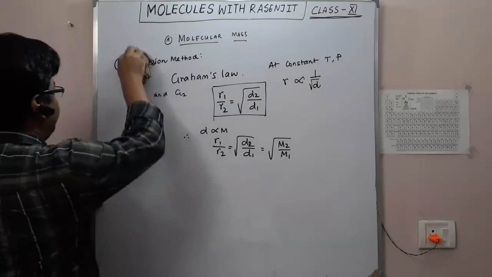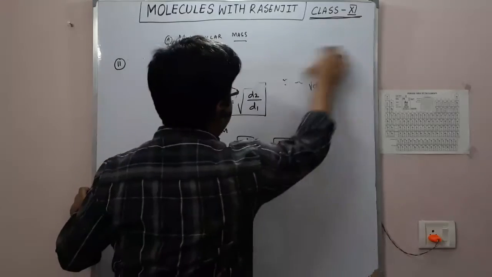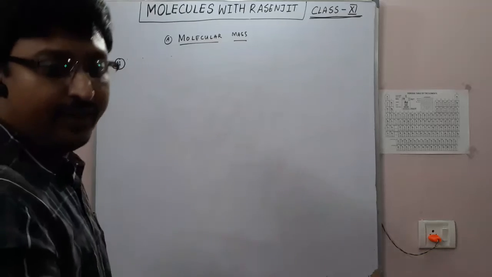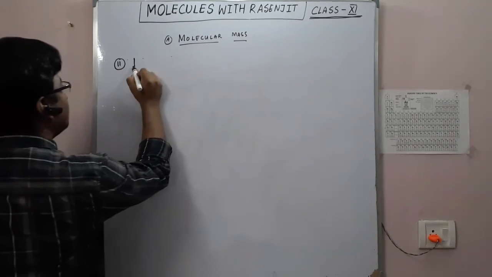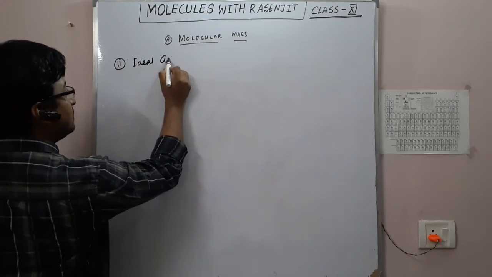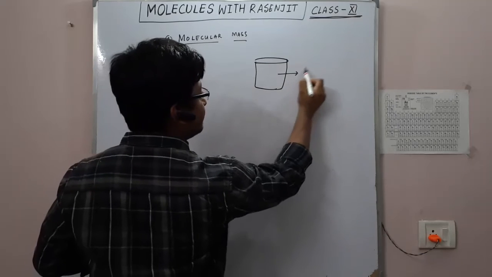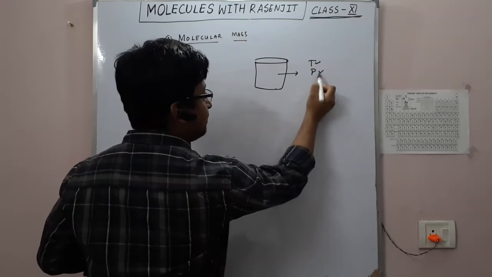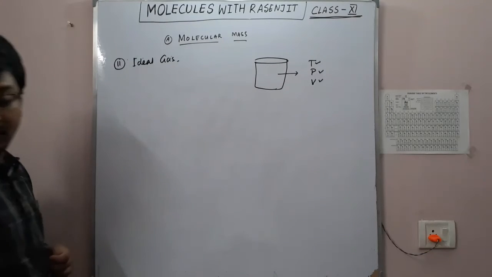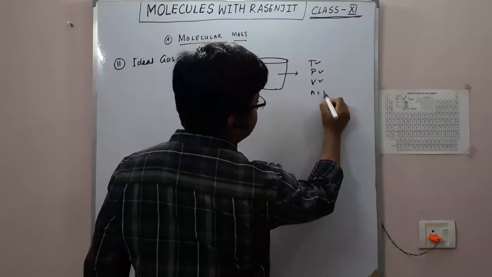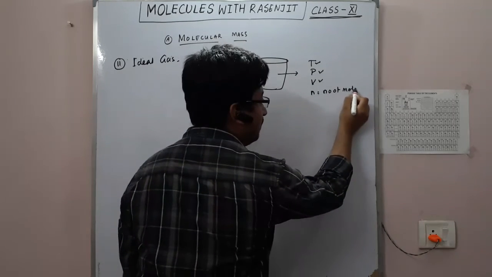Now another, the last one. Considering the gas to be an ideal gas, that particular unknown gas is at temperature T, at pressure P, and has a volume V, and let's say small n is the number of moles.